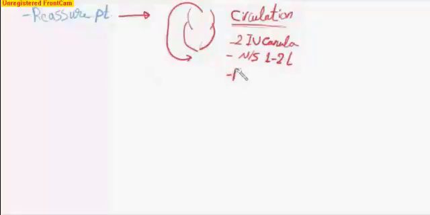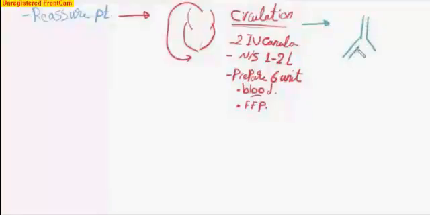Give normal saline 1 to 2 liters and try to prepare 6 units of blood and also fresh frozen plasma.